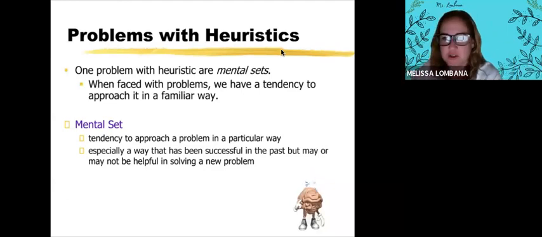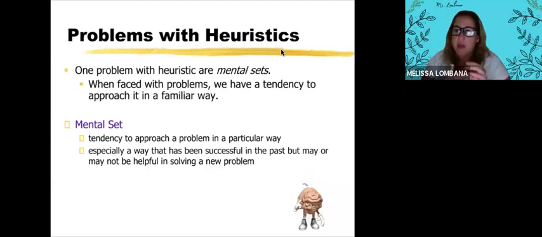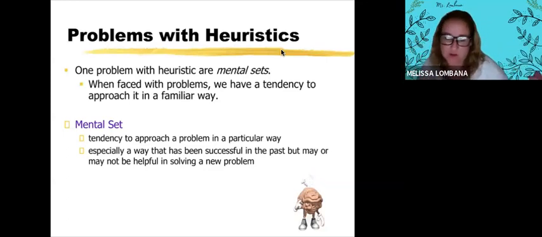We kind of just use our schemas or what we know, and then we try to solve the problem. So with these heuristics, there are certain types of heuristics that help us. They help us problem solve, but since they're not perfect, or they're not an algorithm, there are some mistakes which affect our problem solving.